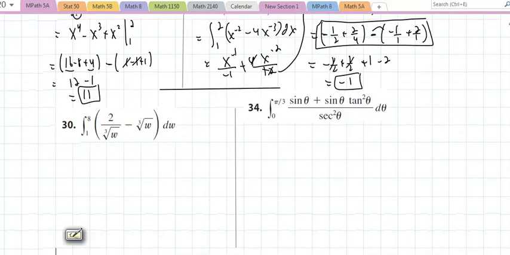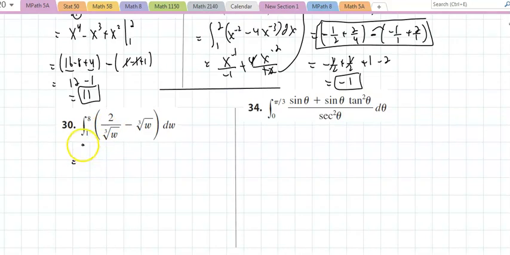So if I get to this problem, this is the integral from 1 to 8 of twice w to the negative 1/3 minus w to the 1/3 dw. So what we're going to do, we're going to add 1 to the power. Negative 1/3 plus 1 is 2/3.